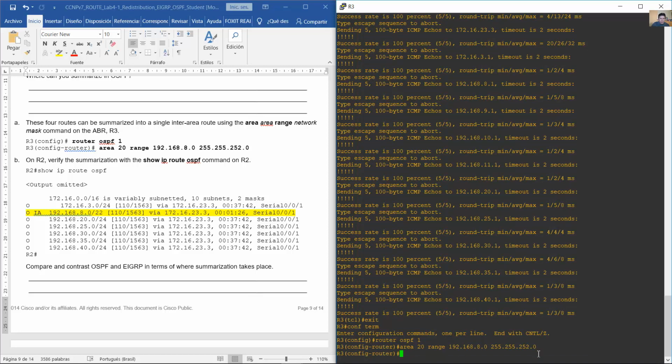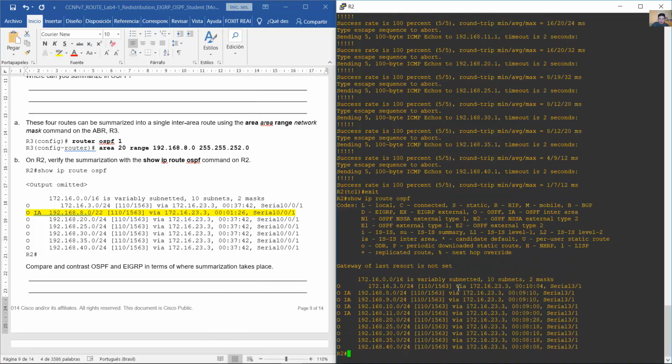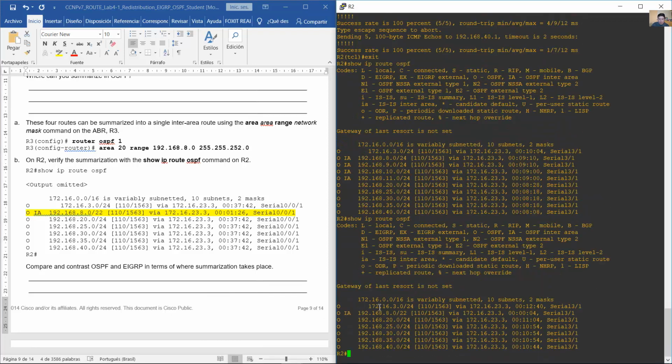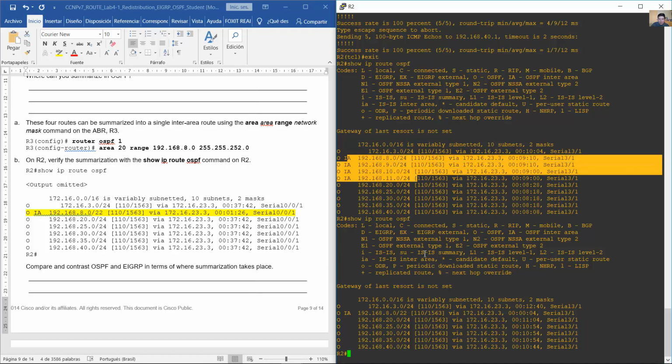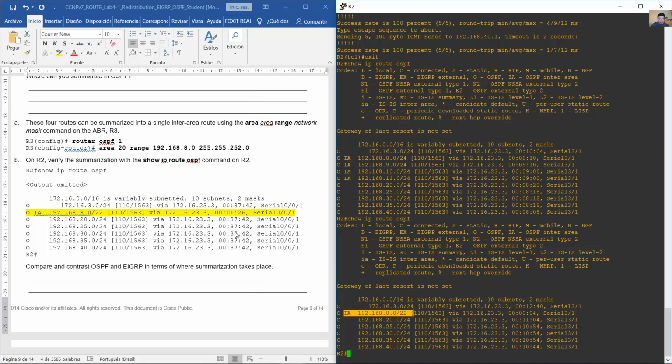Enter. Now go back to R2 and verify. Show IP route OSPF. Now you will see only 8.0 but using subnet mask /22. This is before and this is after.